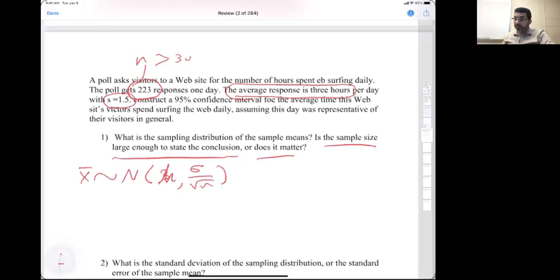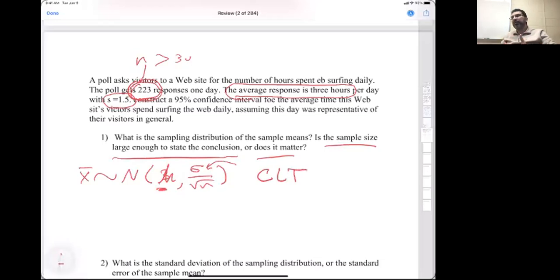But here we don't know mu. We need to estimate it by a confidence interval. And also, we don't know sigma. So we have the estimate S, 1.5. So we cannot apply the normal distribution here, because the sample size is large and we can apply the central limit theorem here.